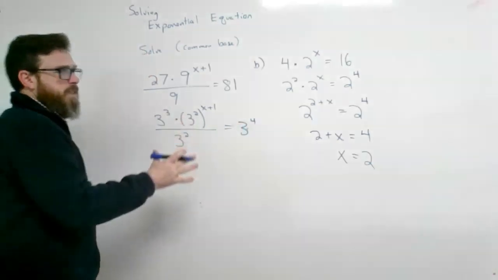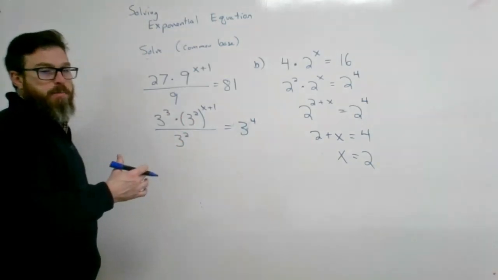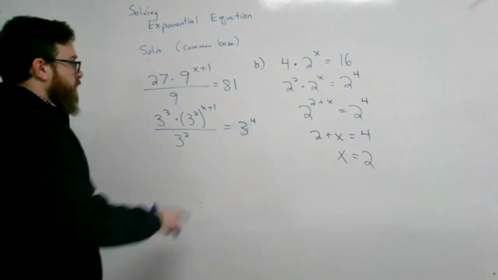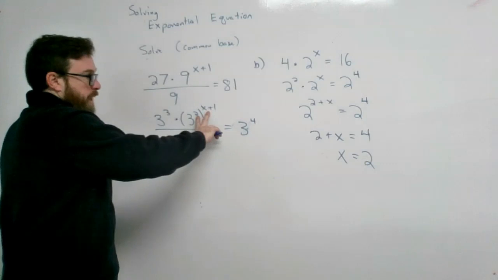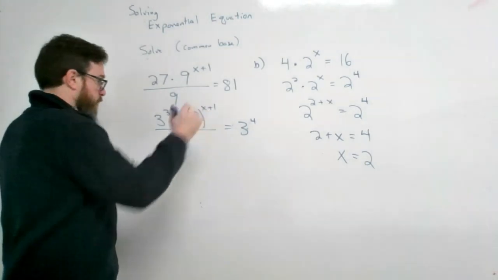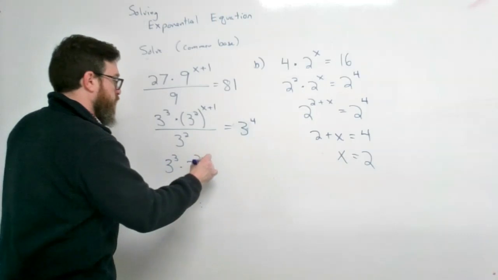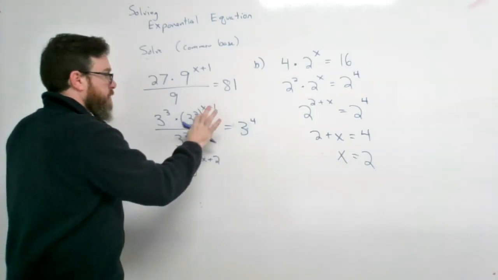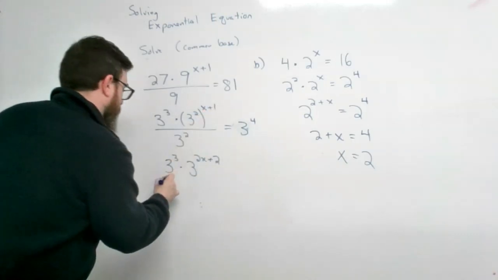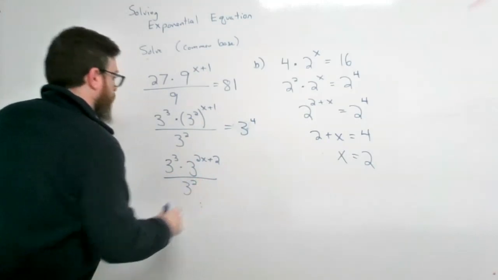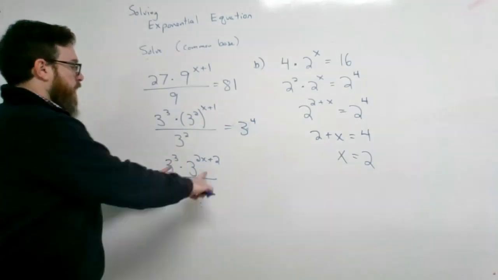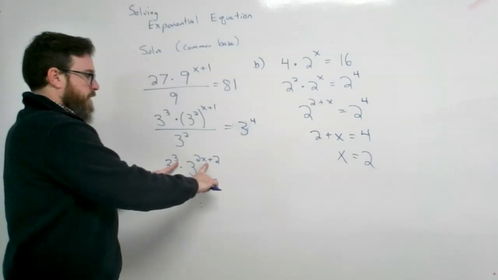So I'm going to condense these things by the rules of exponents. Raising powers to powers means I'm going to multiply these exponents. So this will be 3 cubed times 3 to the 2x plus 2, 2 times x, 2 times 1, all over 3 squared. Multiplying things with the same base means I can add the powers.